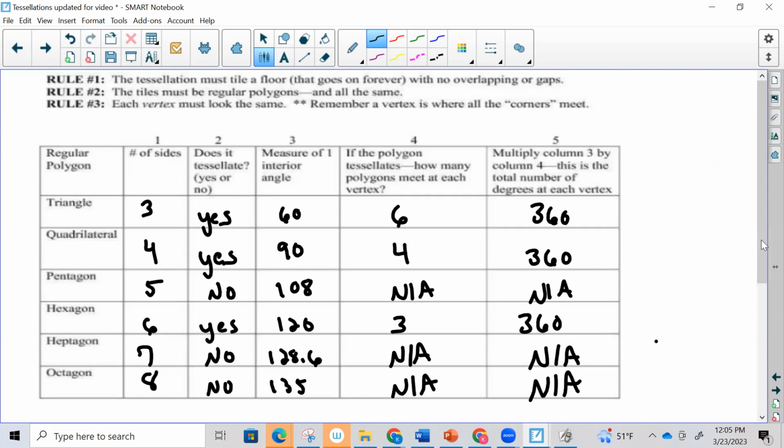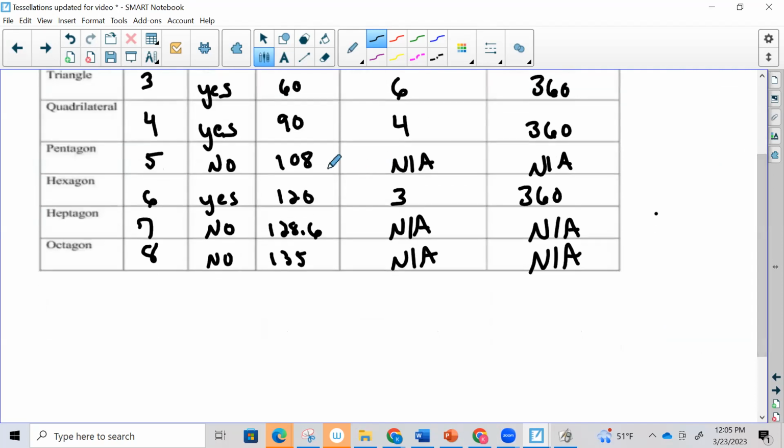And the reason the other ones do not is because their interior angle does not divide into 360 evenly. So if I take 360 and I divide by the interior angle of a pentagon, 108, I get 3.3 repeating.